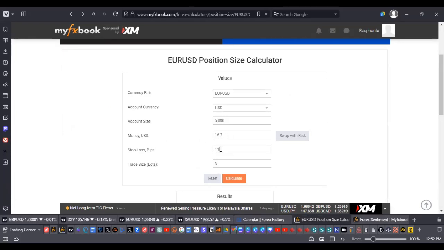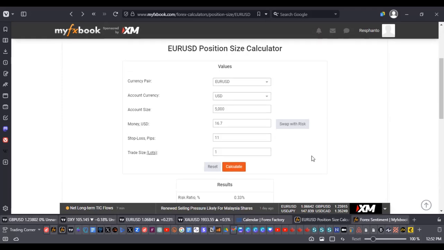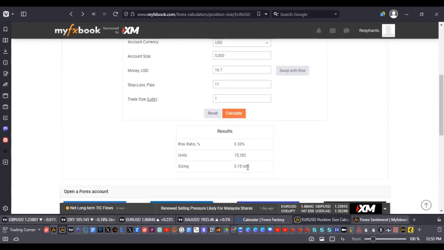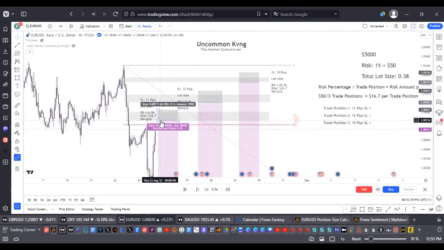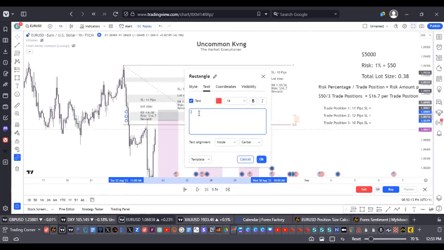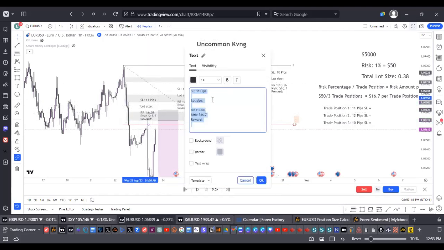We're going to write the pips in, 11, and this time around it's 1 position. So we run our calculation, and you see that for that particular position, based on the amount of money we're willing to risk here, which is $16, if this price hits the stop loss and takes us out, we're going to be losing that $16. Therefore, we're going to be using this lot size, which is 0.15 lot size, right?